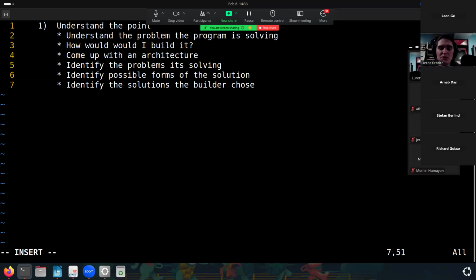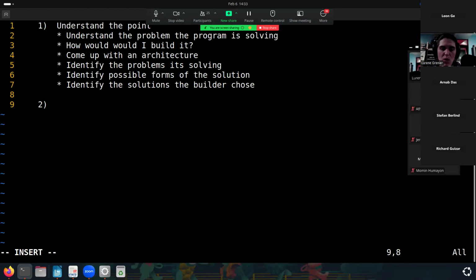You don't have to reverse engineer step by step to come up with these answers. You can jump around a little bit and say, all I need to know is enough about what I'm looking at to recognize the solution to this problem. Okay, so even that is pretty vague and doesn't really tell you how to start.